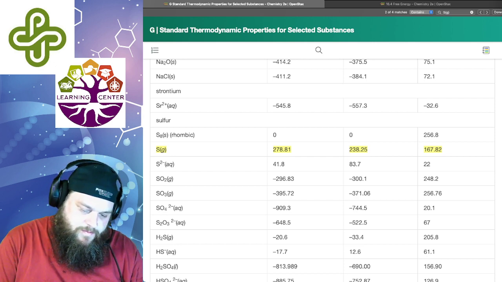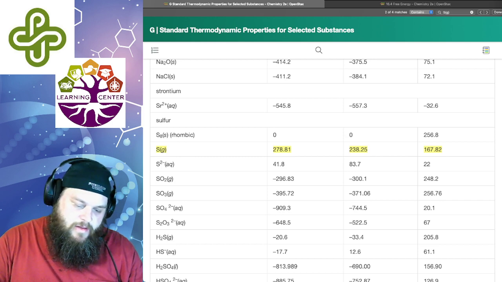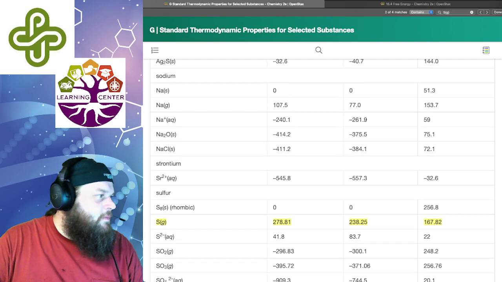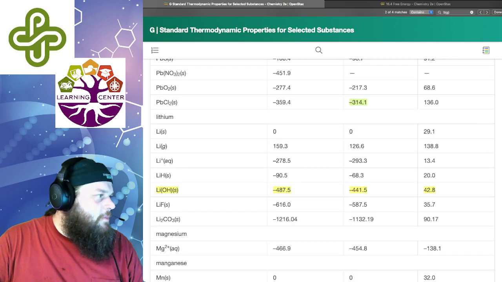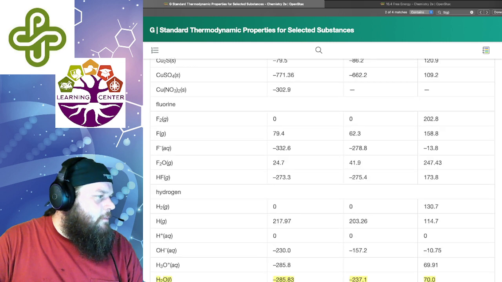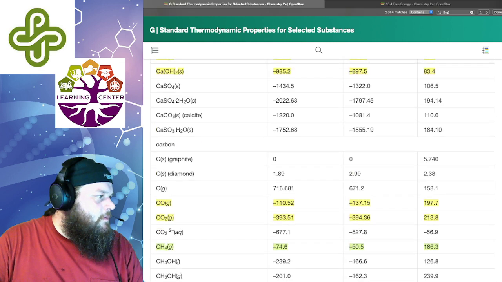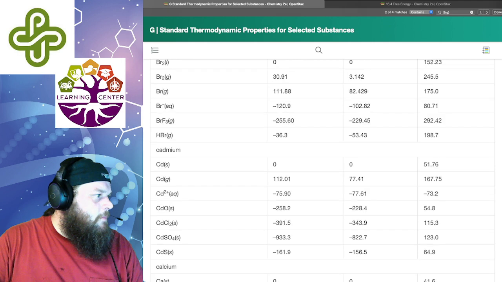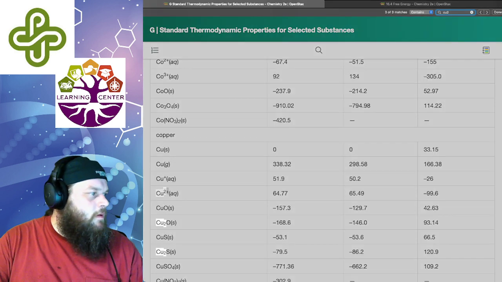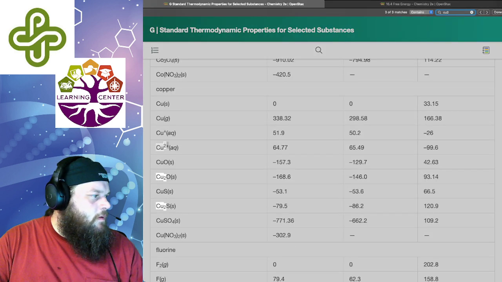kilojoules. And then copper 2 or copper 1 sulfide. We would look at copper sulfide. Find Cu2S. There it is.